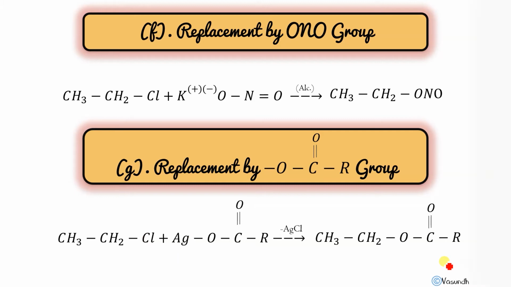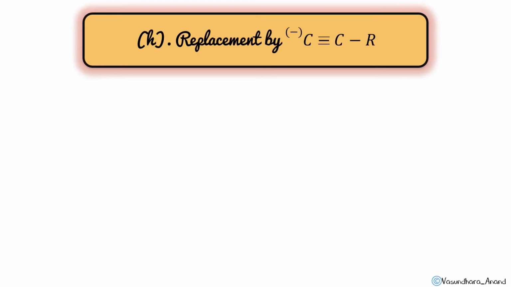Okay, so now the next thing, replacement by the C triple bond C group, that means the alkynide group. If I'm using sodium alkynide, this will be used to prepare the alkyne directly from the alkyl halide.